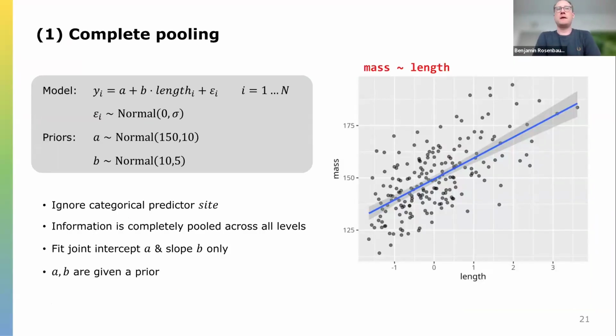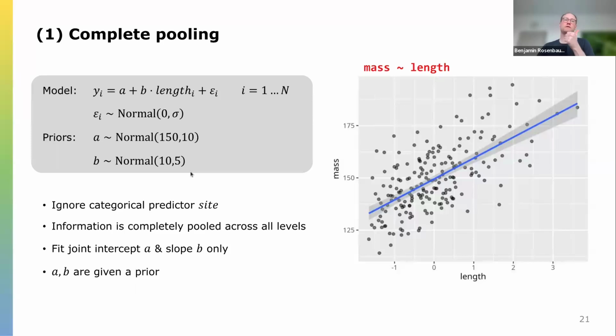So we will go through the same steps again. First, how much of the information we are pooling across sites. So the first one is, okay, we are ignoring the site predictor, meaning we have just a linear regression here. This first half here is my deterministic part of the model with intercept and slope. We have a classical residual standard deviation, and we have priors for the model parameters.